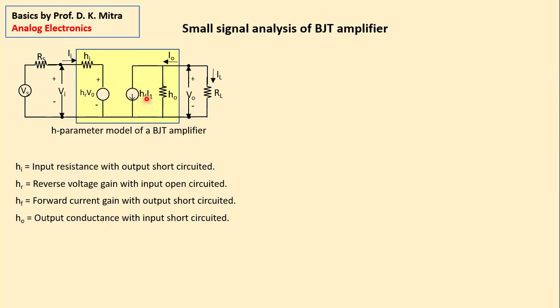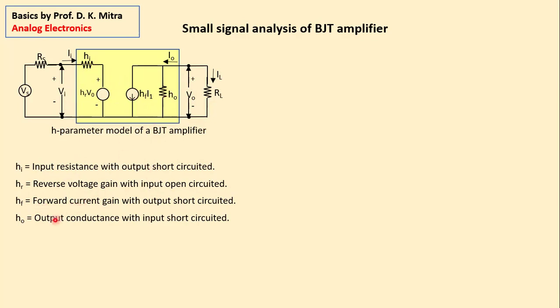And what is HF? HF is called forward current gain with output short circuited. That means if this is short circuited, current flows through this path only, then the ratio of output current to input current is called HF.